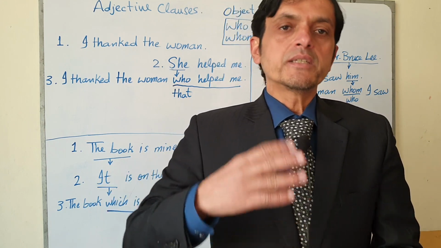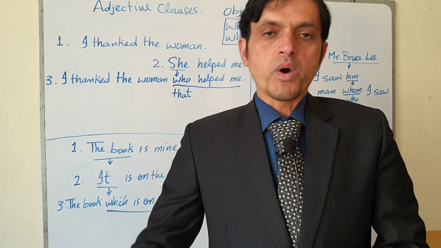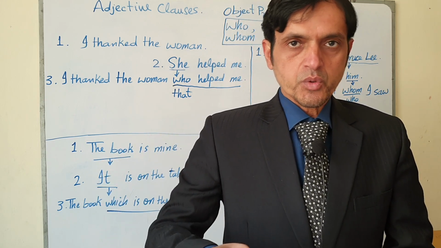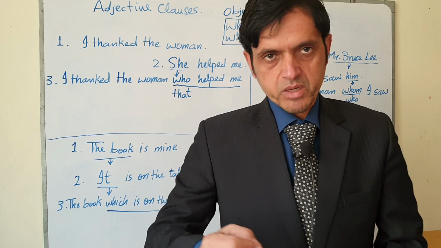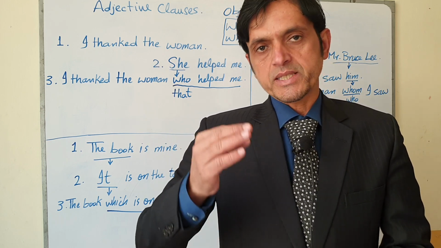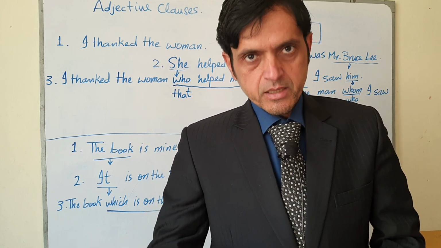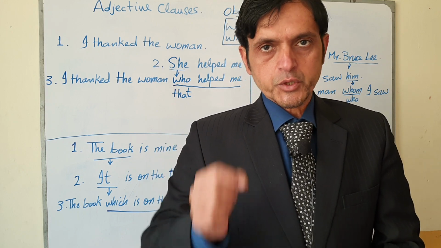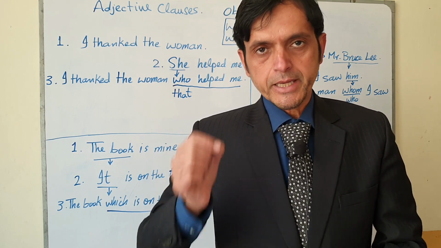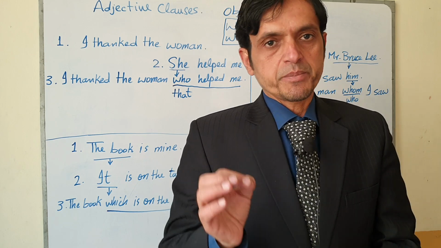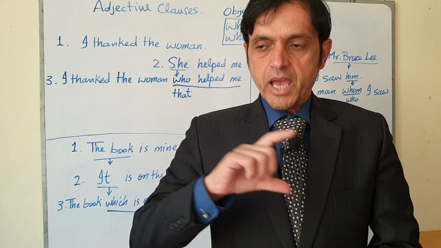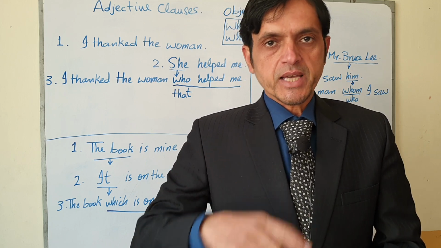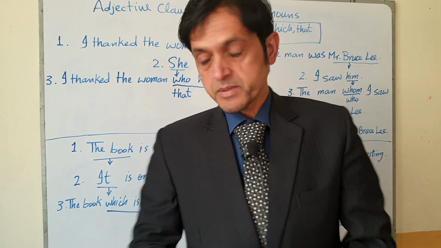They do not need another sentence, while dependent clauses, which are adjective clauses or noun clauses or adverb clauses, always need another independent clause to make their meaning clear. So we cannot write a dependent clause alone. It needs another independent clause.